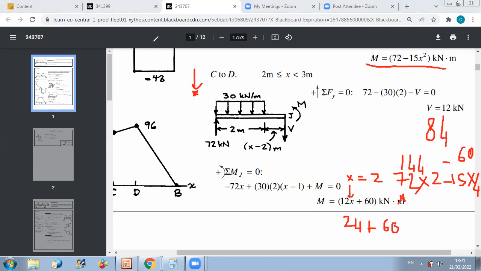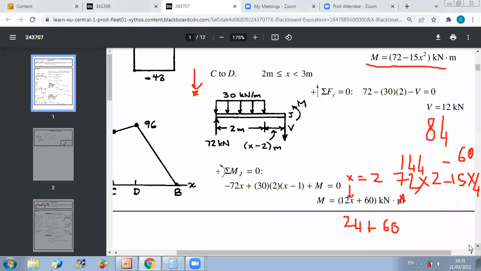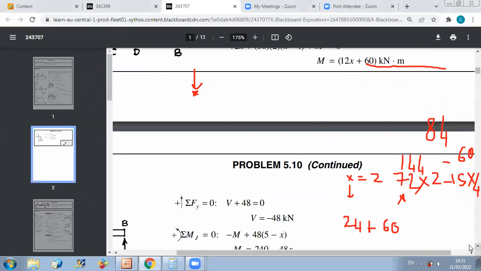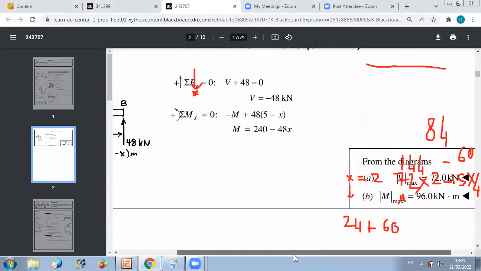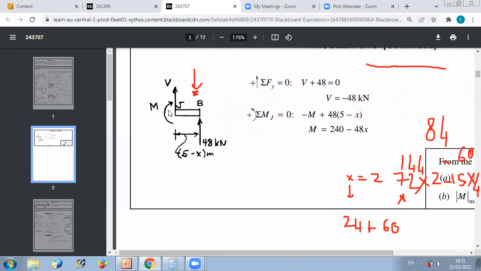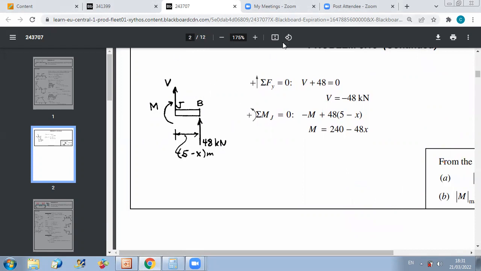Okay? And finally, I have now the third section to do. My final section will be for the part from 3 to 5. Okay, the total length of my beam is 5 meters. So I will do a third section from C to B. And as we discussed, for the last section, of course, it's easier to keep the right part.